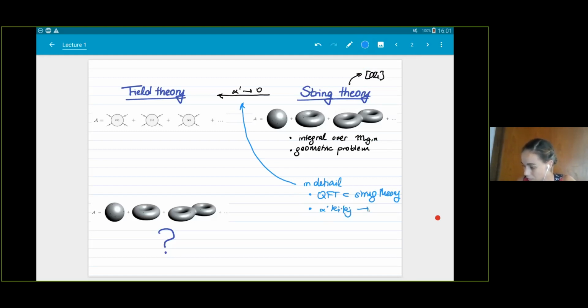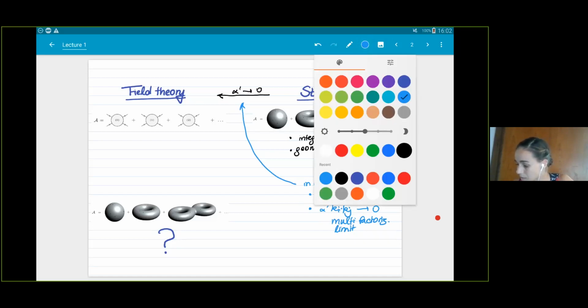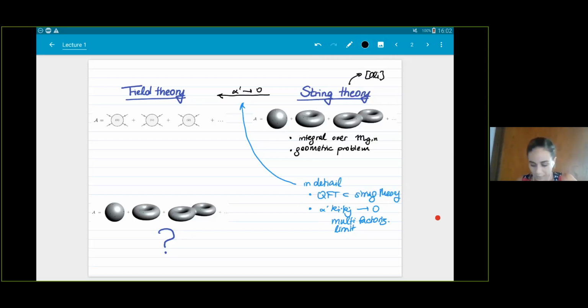So all of these go to 0 because we're sending alpha prime to 0. So there's a multifactorization limit here. And what this means is by the time we're in field theory, nothing is left of our Riemann surface. So in field theory, what we recover is just the standard Feynman diagram expansion. So very much a graph theoretic problem.